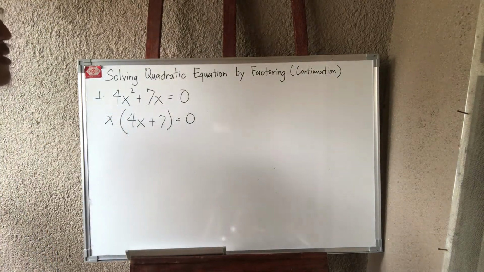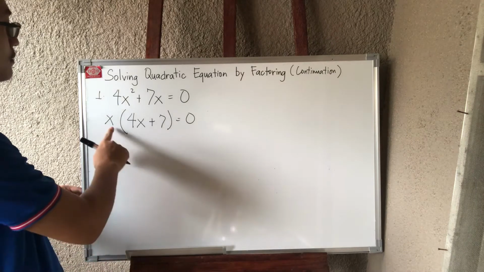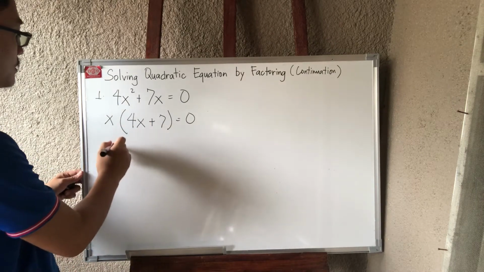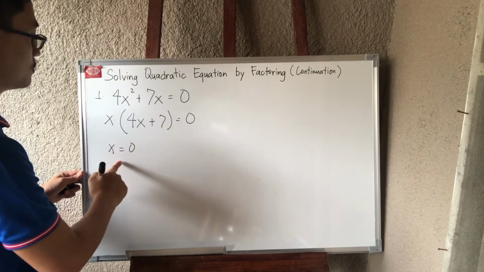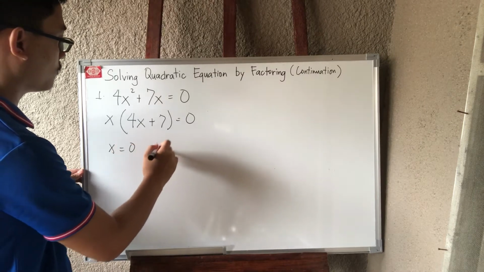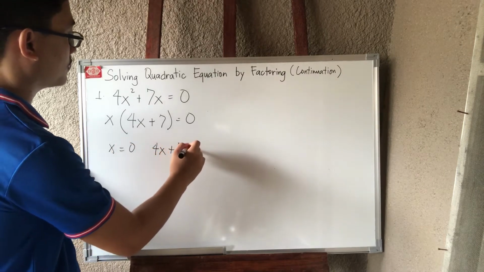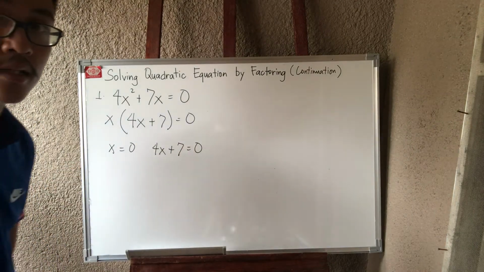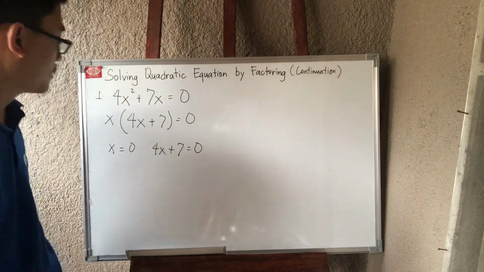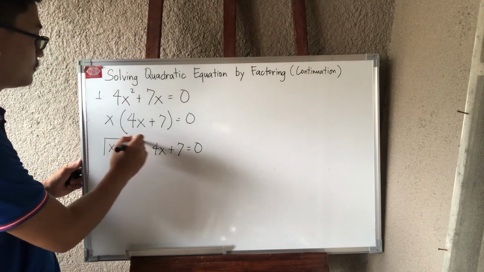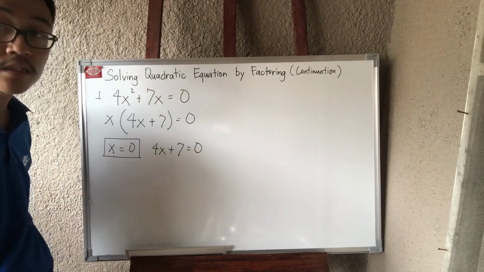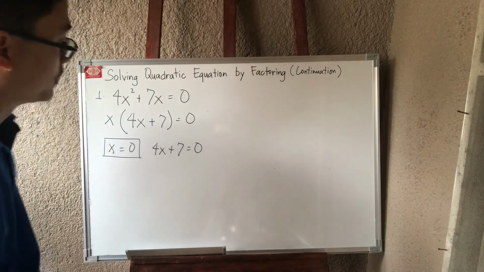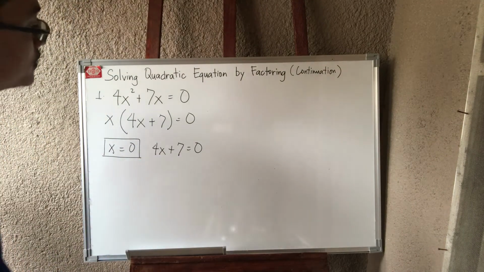Then, as in our lesson on factoring, we apply the zero property. That is x equals 0, then 4x plus 7 equals 0. That is our zero property. So this is the first answer: the first solution is x equals 0.